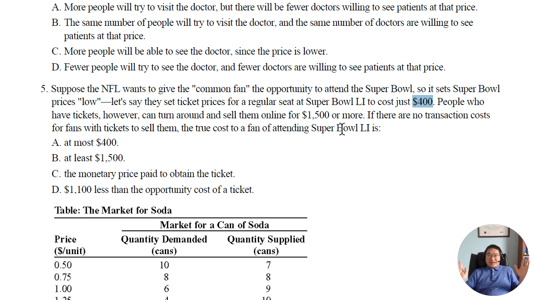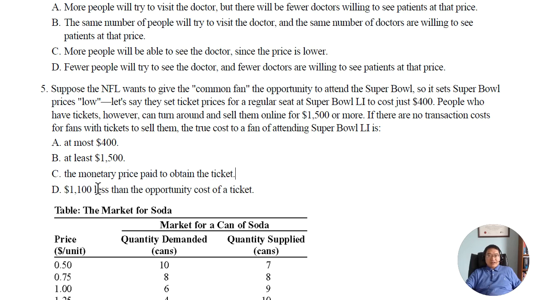So as long as the market price is above $400, the marginal buyer who paid the ticket price, the tag price of $400, is happy to turn around and sell at the market price, which is $1,500 and above. Now look at C. It says the monetary price paid to obtain the ticket, which is $400.